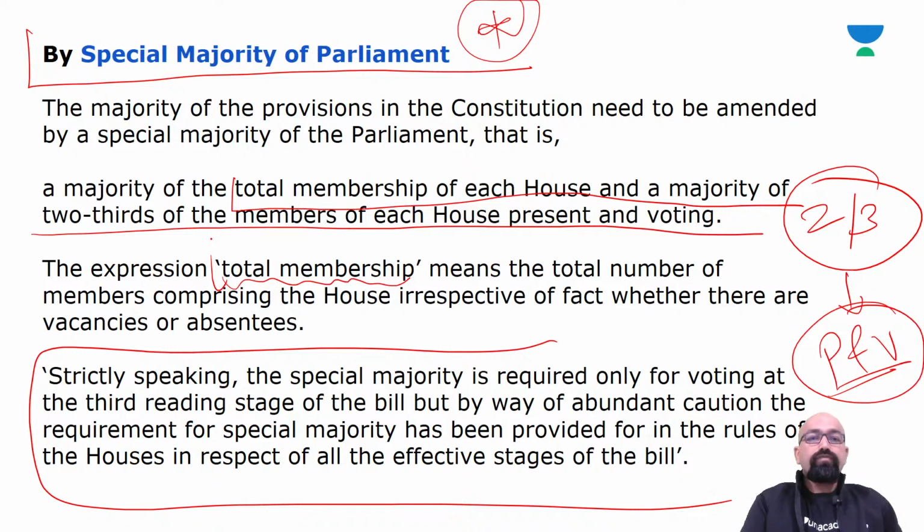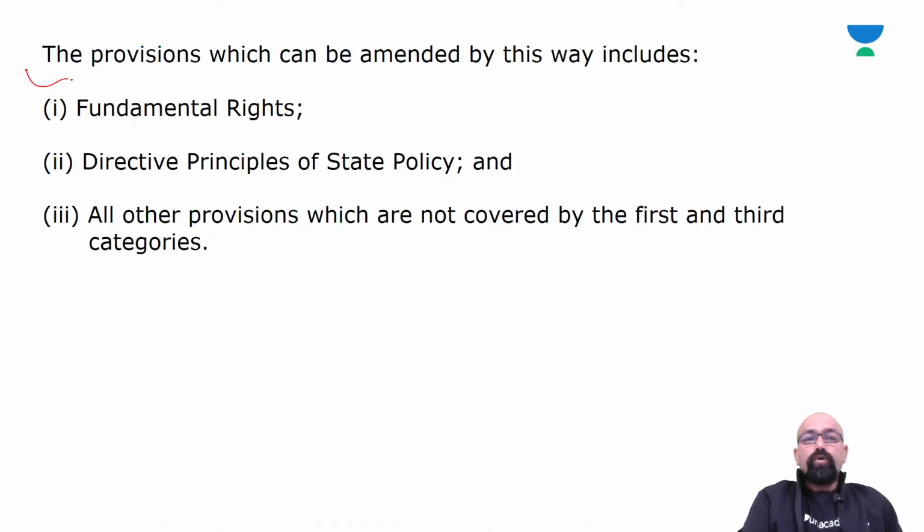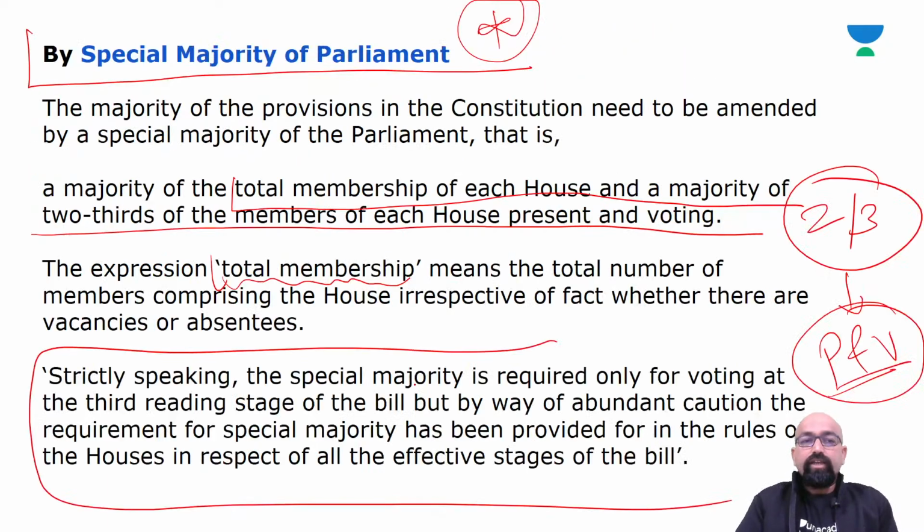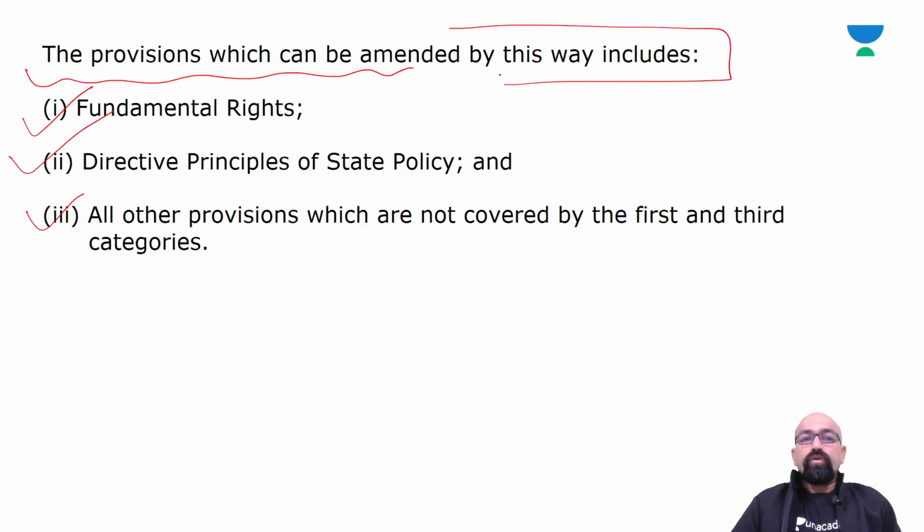Alright, that is special majority of parliament is required. Now, the provisions which can be amended by this special majority of the parliament include the fundamental rights, directive principles of state policy, and all other provisions which are not covered by the first and third categories.